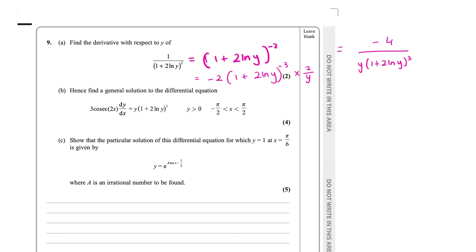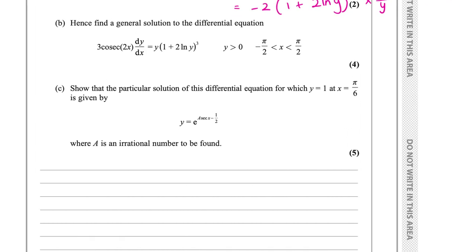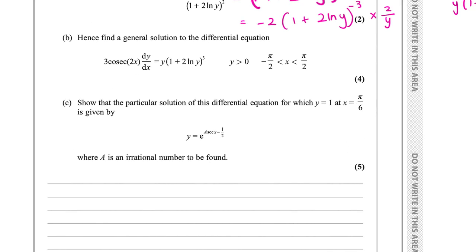B, hence find a general solution to the differential equation. So we've already done part of it. So part B. Step 1, when I have a dy dx involved, what on earth do I need to do?